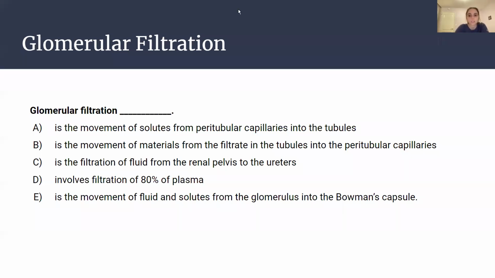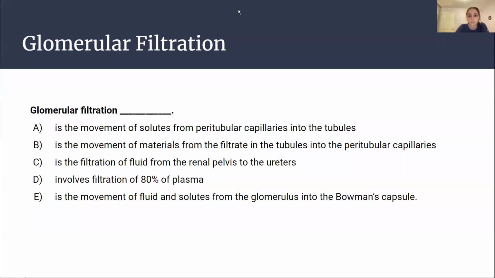All right, a little practice question. What does glomerular filtration refer to?